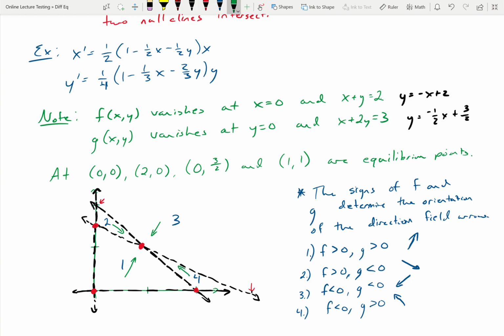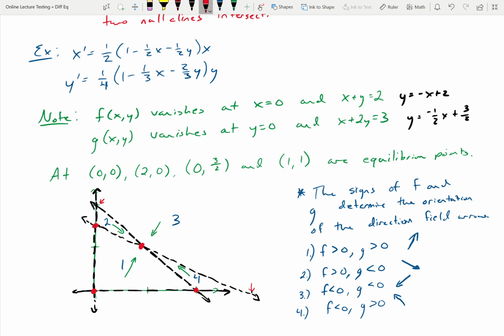All right, well, what about on those nullclines? Well, we talked about what happens if they vanish. So along the nullclines, the arrows are either horizontal or vertical, and their value is going to dictate which direction of travel. So on the particular nullcline x is equal to 0, F is equal to 0, which means that we are going to have vertical arrows.